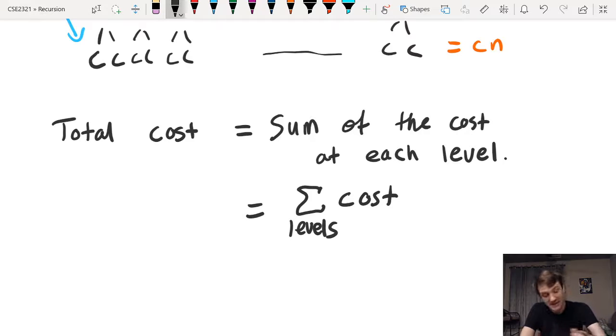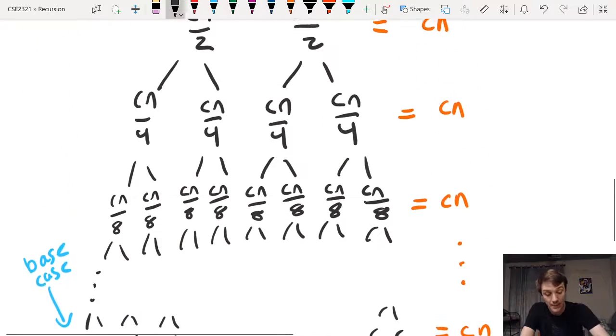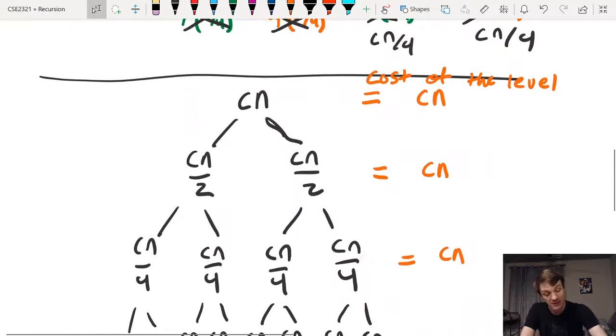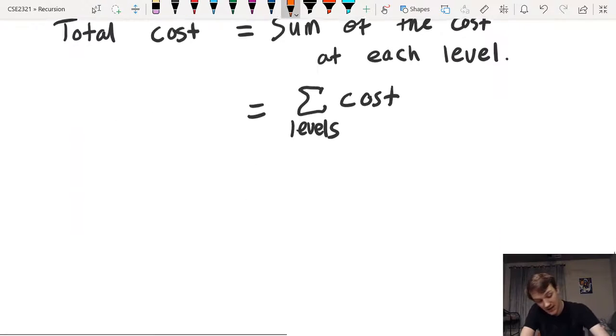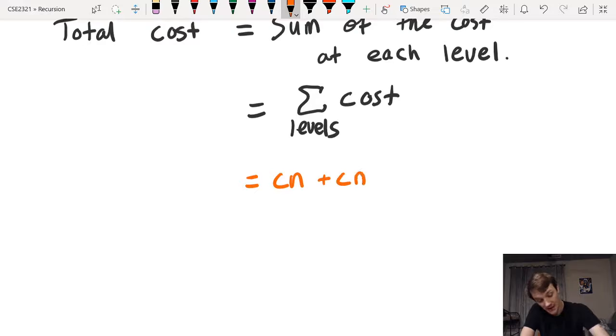However you want to write this down, whatever you want to remember, that's what we're doing. So we want to add up all of those copies of Cn. We have Cn plus Cn plus Cn. So this equals, in our case, Cn plus Cn plus Cn plus Cn plus a bunch of copies of Cn.